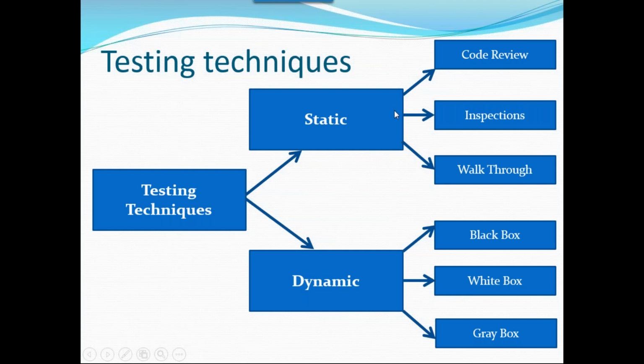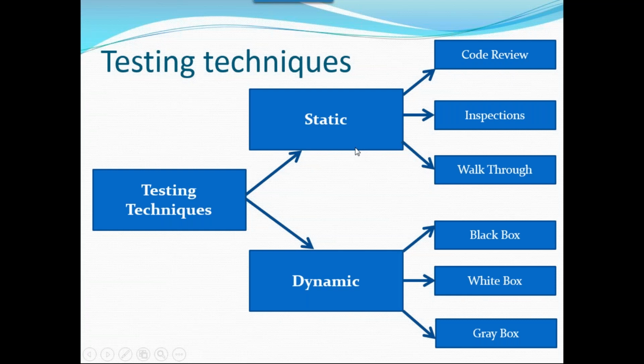Dynamic testing is the validation part. As I told you, as a tester we need to do both things, the verification part and the validation part. That's the reason in interviews they will definitely ask you to define static testing and dynamic testing.